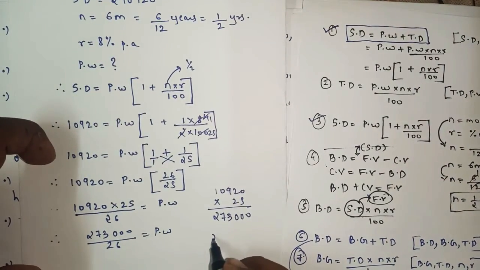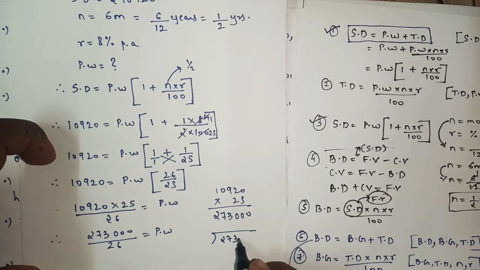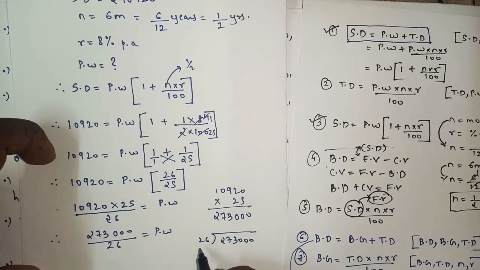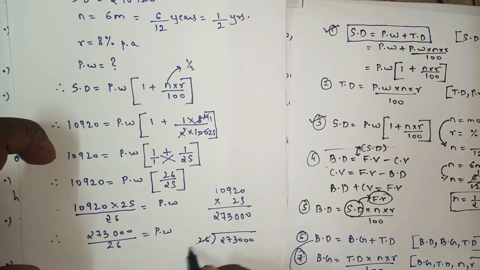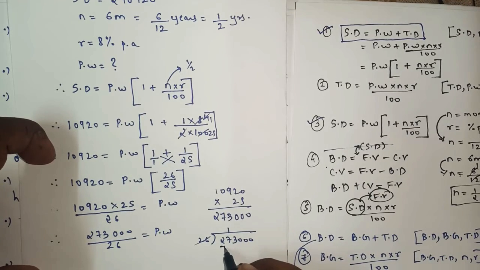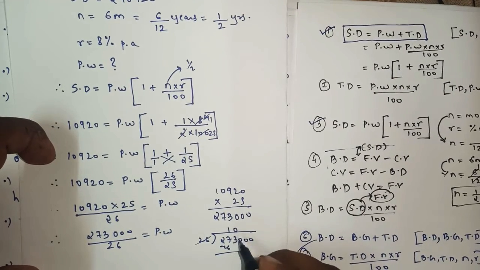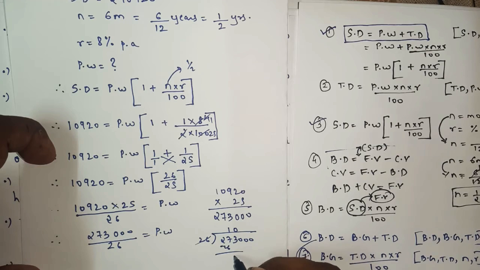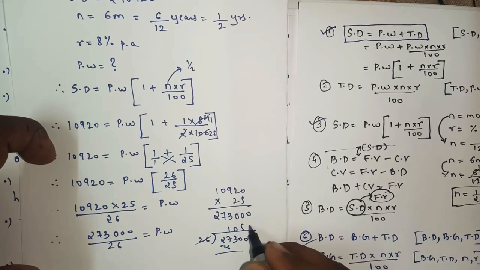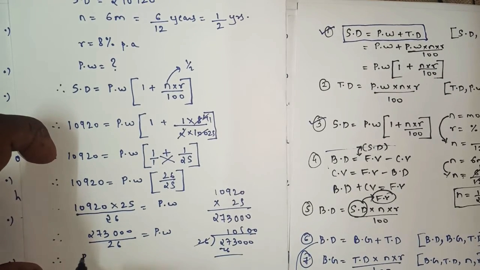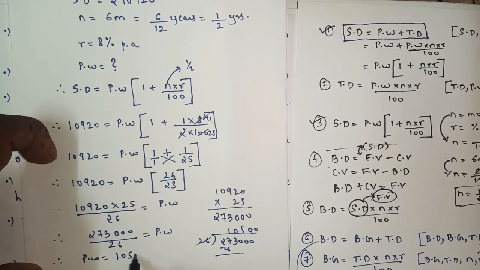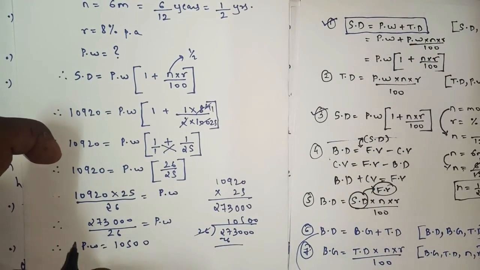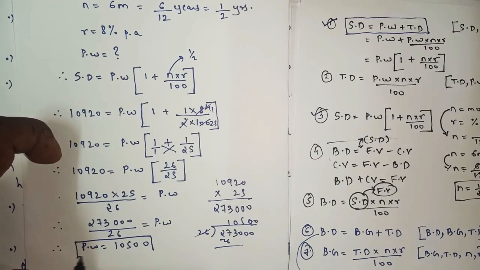Reduce the number or directly divide it by 26. So 26 ones are 26, so your 0 will get 335 and 20 will come. So here we are left with what? 10500. So here we got the answer for PW.